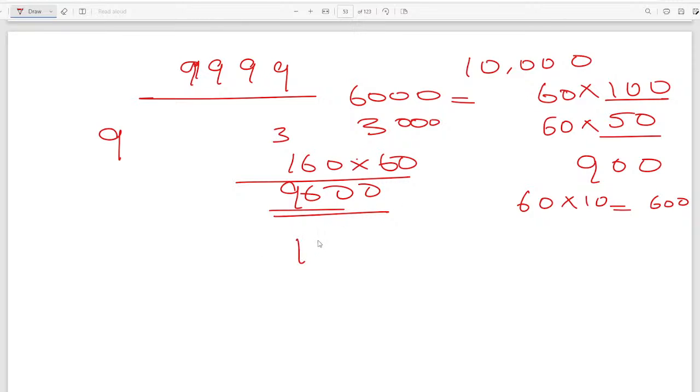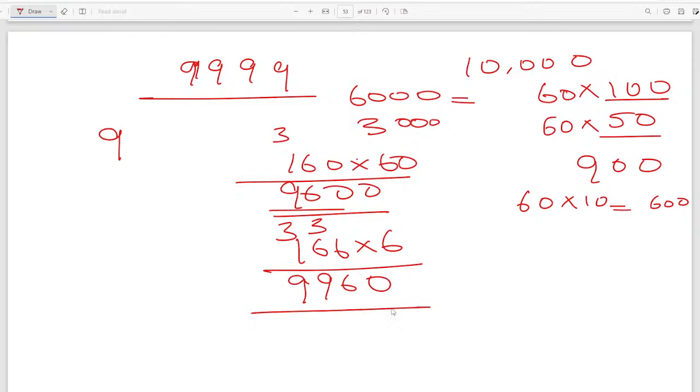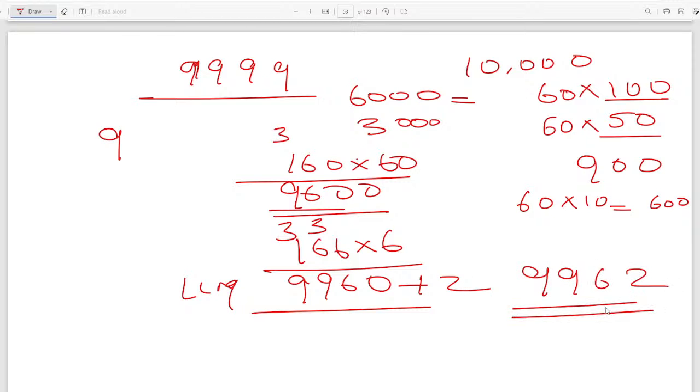I'll add 166. 166 into 60 is 9,960. Yes, this is the largest number which is a multiple of the LCM. Then plus 2, this will be 9,962. This is 9,962.